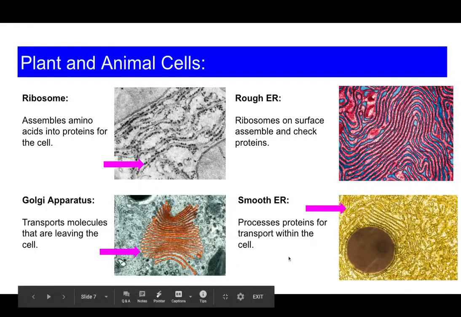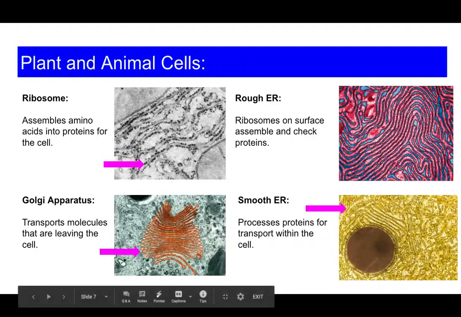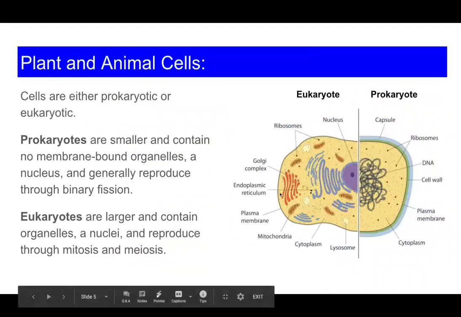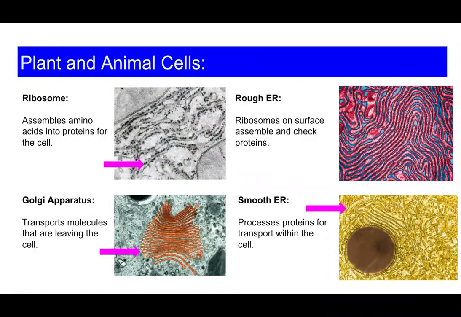The smooth ER takes those proteins and then preps them for transport within the cell. So the Golgi apparatus, which we see is floating away from the nucleus, actually takes materials and transports them out of the cell.